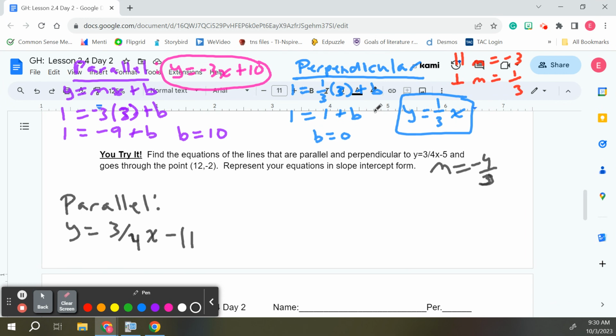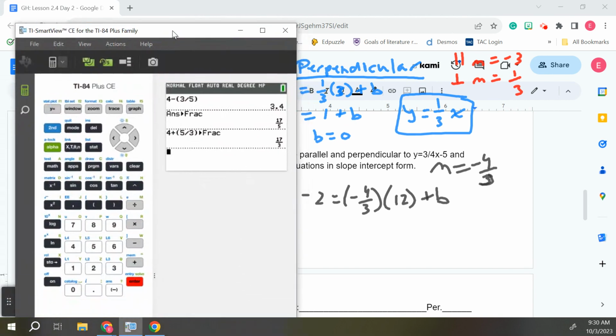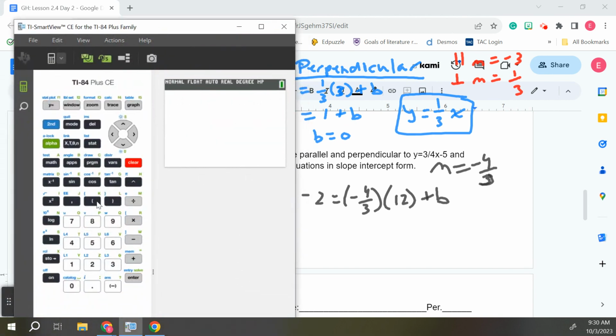So then we're going to have the y is negative 2, slope negative 4 over 3, and then we're multiplying that by 12, and then plus b. This is where your calculators are probably going to come in handy. I'm going to do parentheses, negative 4 over 3, and multiply that by 12.